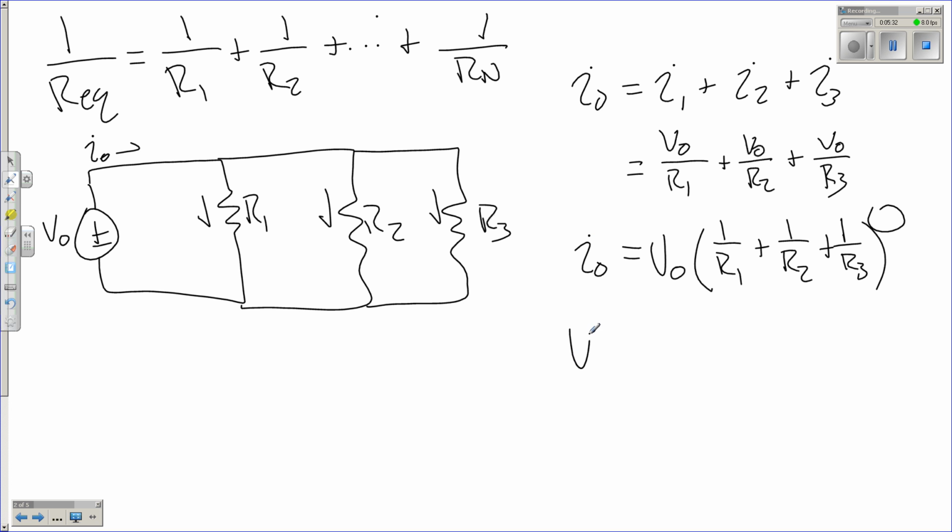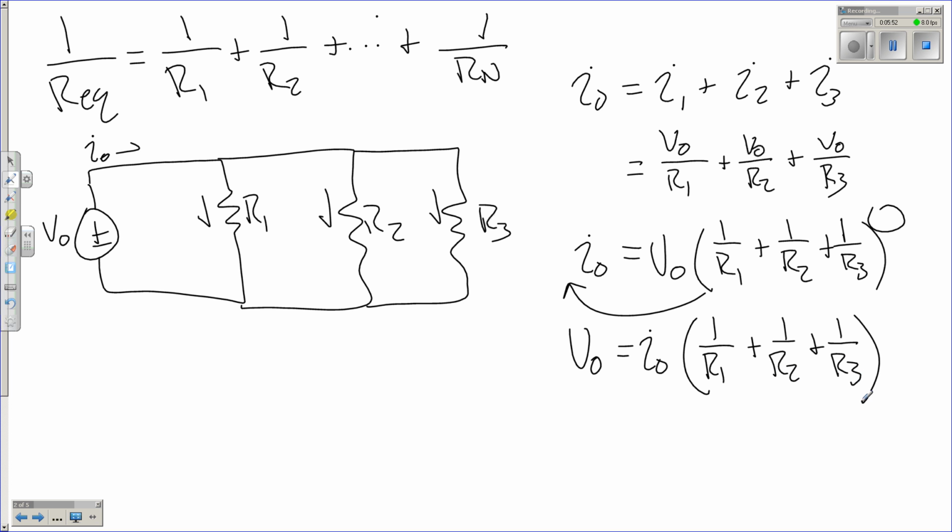So if we want to put that in terms of voltage and get back to Ohm's law, we have to move it over, right? And how do we do that? Well, that's where we get our inverse from. 1 over R1 plus 1 over R2 plus 1 over R3, inverse.